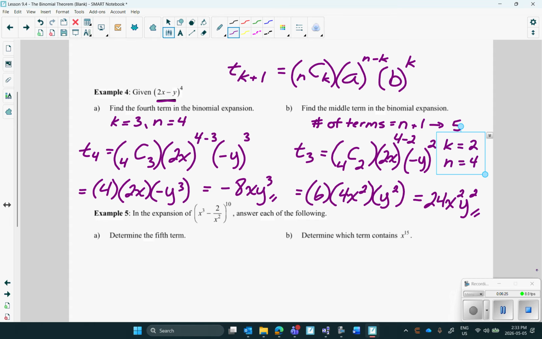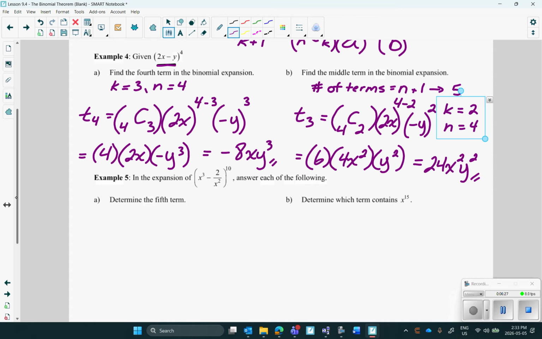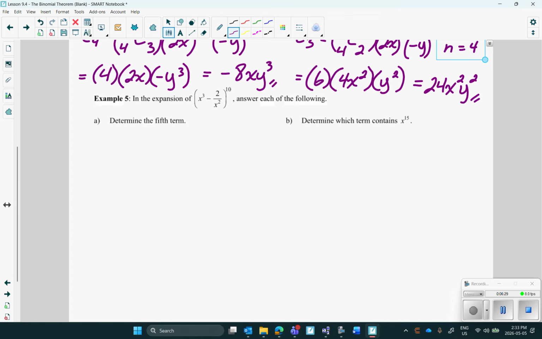I want to do a couple more, but I'm just going to throw a little wrinkle at you in this one. What looks different about this one than the ones we've done? Yeah, there's a fraction here, right?